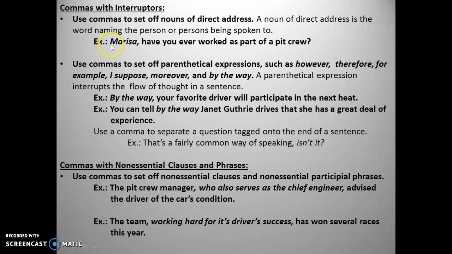For example, when you address someone or a group of people before speaking or in the middle of speaking, the name of that person or the term used to refer to the group is either followed by or set off by commas, as in the sentence, Marisa, have you ever worked as a part of a pit crew? The comma attaches the word Marisa, which grammatically is otherwise disconnected from the sentence.